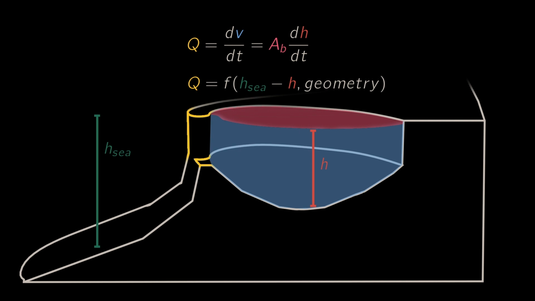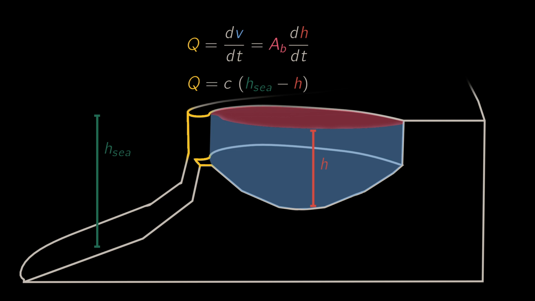The water also experiences resistance when it flows through the gap, which depends in a nonlinear manner on the shape of the gap and also on the magnitude of the flow velocity. For our example, we can linearize this relation, giving this expression, in which c is a constant coefficient having the unit of square meters per second.